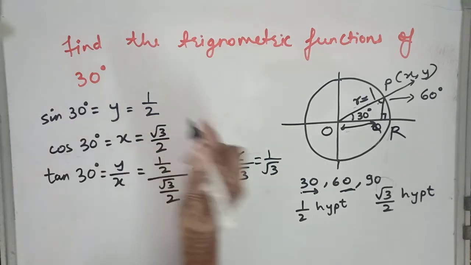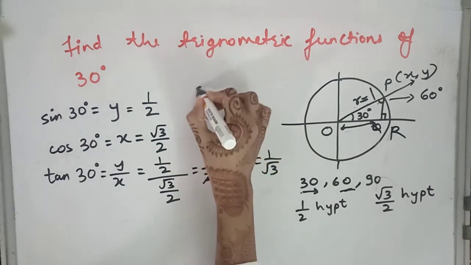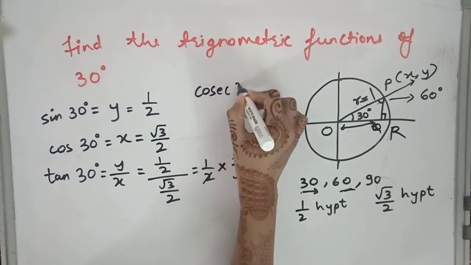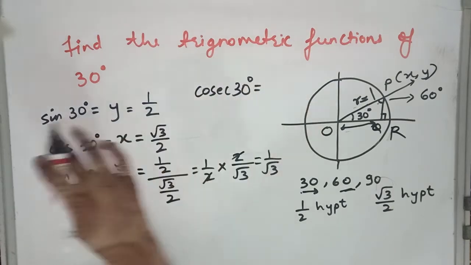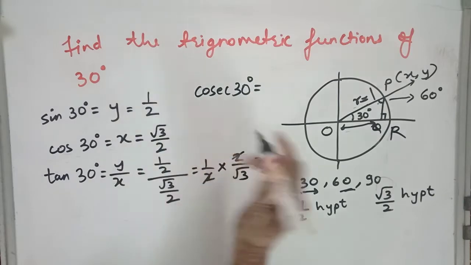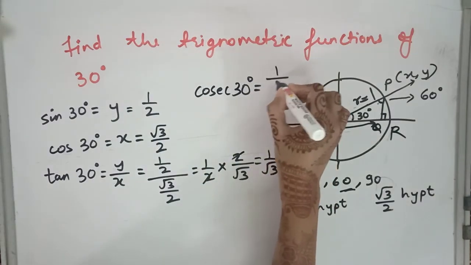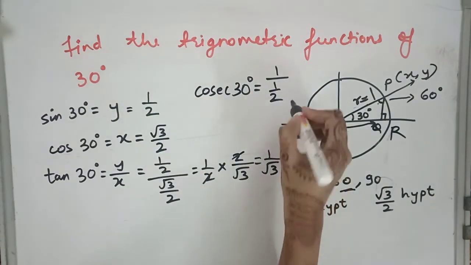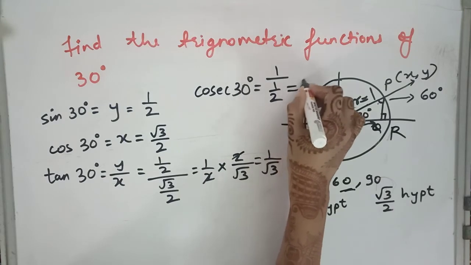Now sin theta and cosec theta are inverses. If sin 30 is 1 upon 2, so cosec will be 1 upon 1 upon 2, which will be equal to 2.